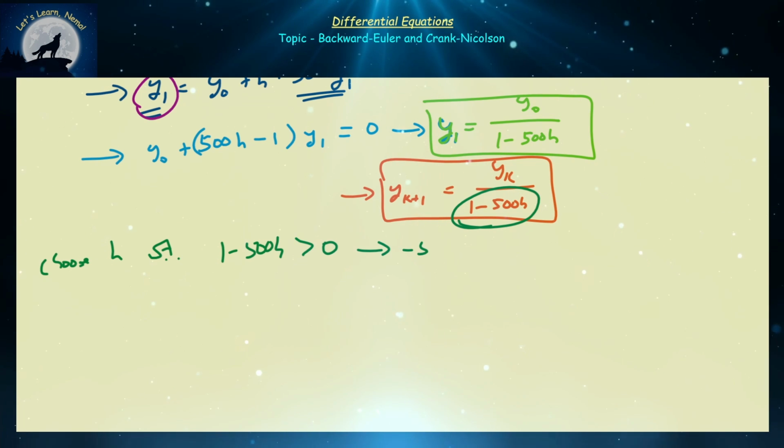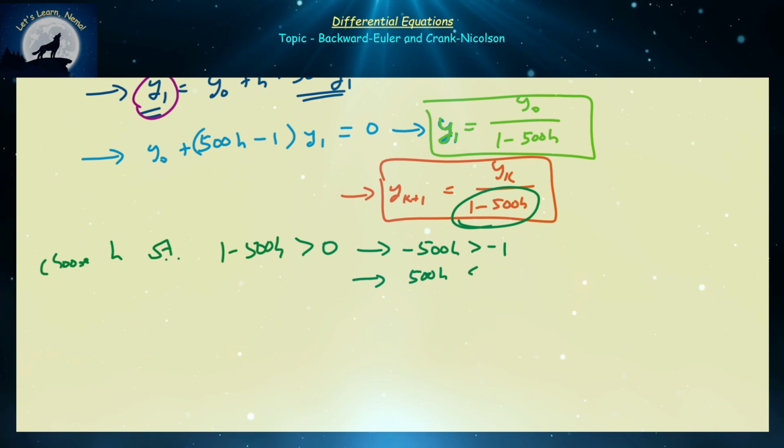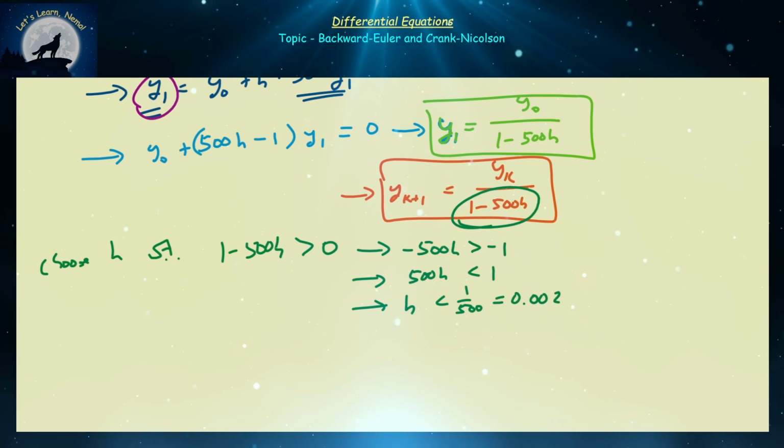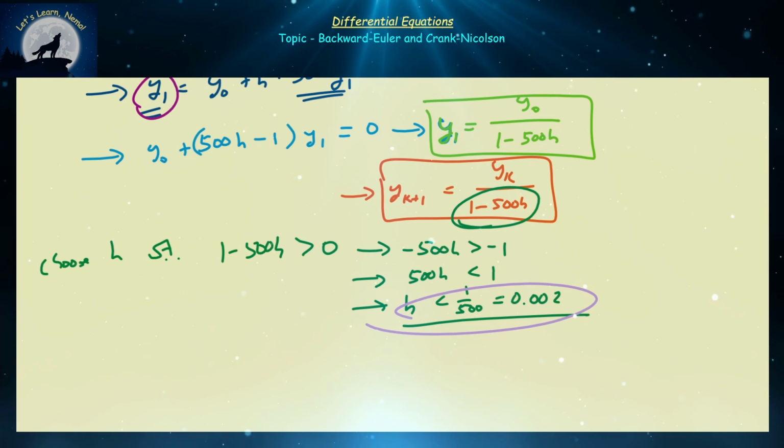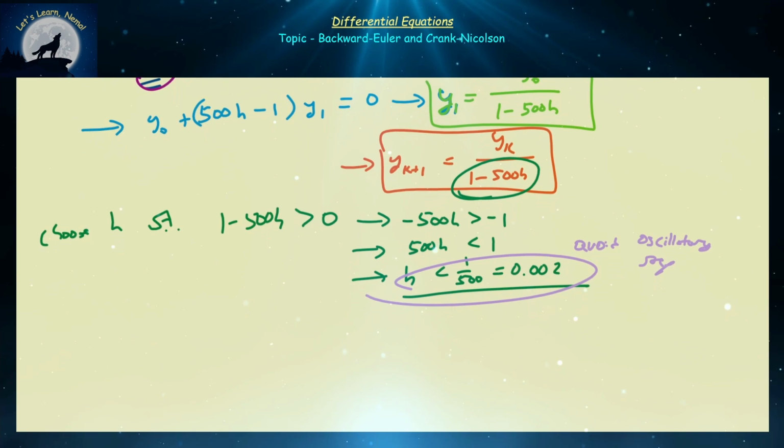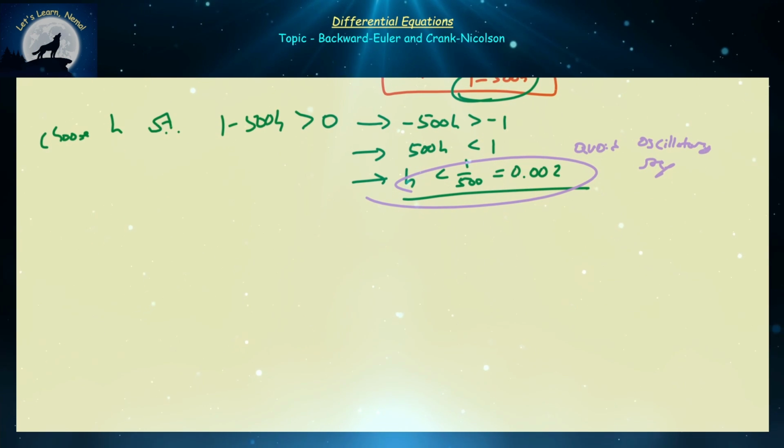Minus 500h must be greater than negative 1, which means 500h must be less than 1, which means h must be less than 1 divided by 500, aka 0.002. This is going to avoid oscillatory steps. So that's pretty much what we have here. If we choose that h, that doesn't necessarily guarantee stability, but it does guarantee at least something reasonable.